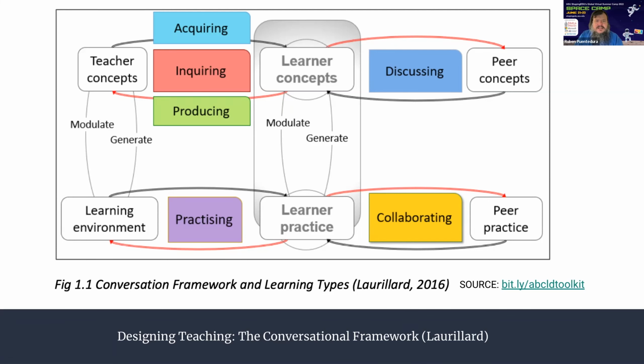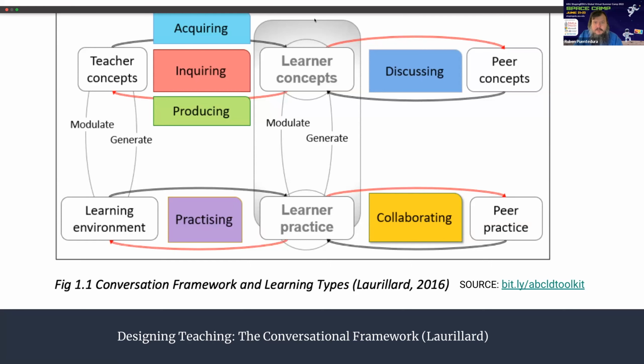Similarly, when we have the interaction between the learner and the peer group of their concepts, there's a discussion process that involves sharing, talking about them, etc. And then finally, for the other 2 elements, peer practice and learner practice are mediated by collaboration, collaborating practices, and the learning environment and learner practice are mediated by, well, exactly when the learner makes things.